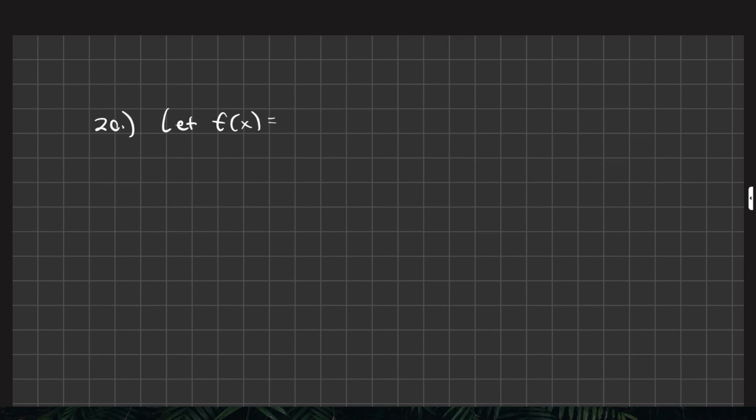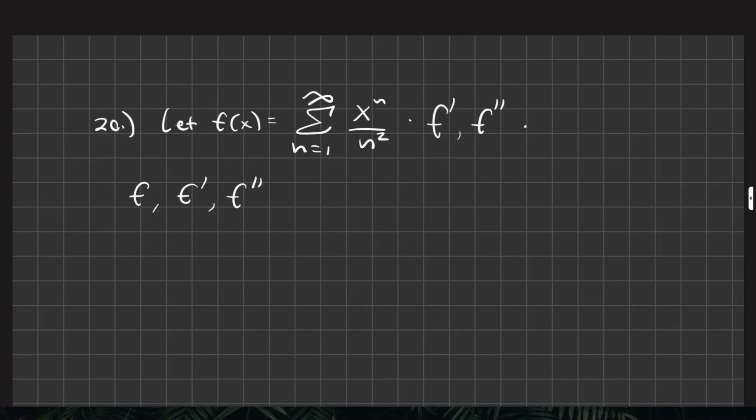So f of x is the sum from n equals 1 to infinity of x to the n over n squared. And we're asked to find series representations for f prime and f double prime, and then find the intervals of convergence for f, f prime, and f double prime.